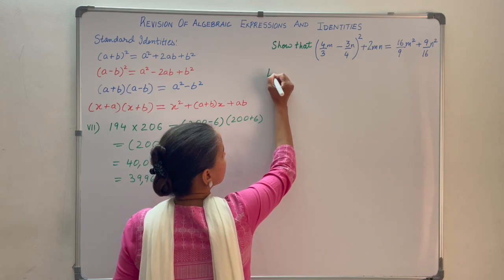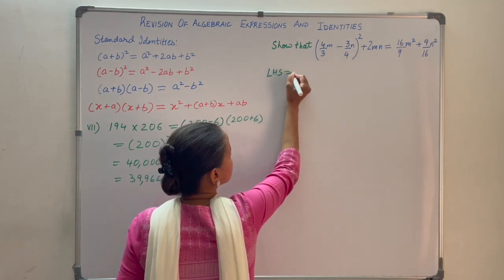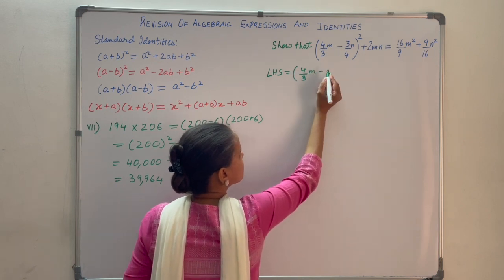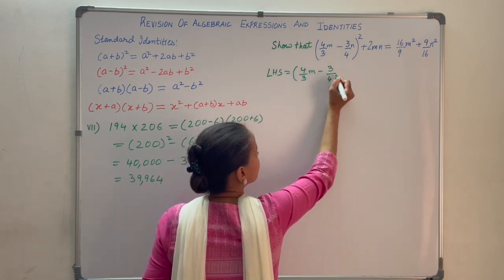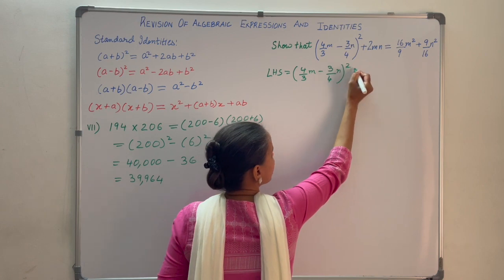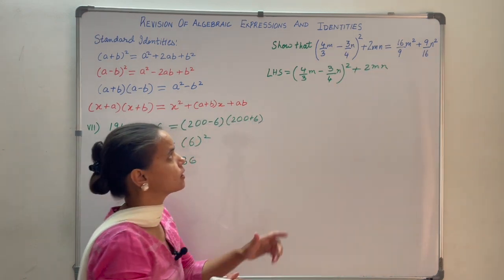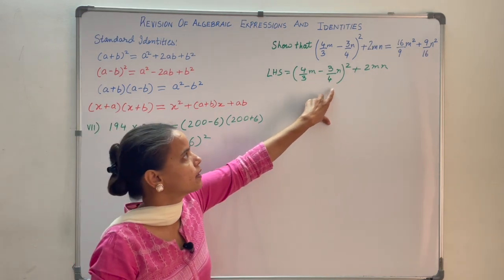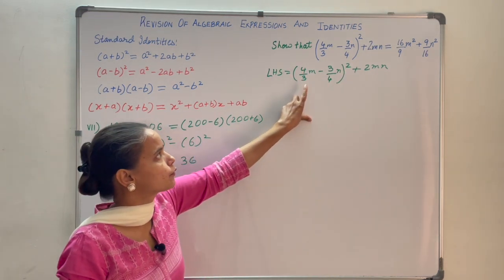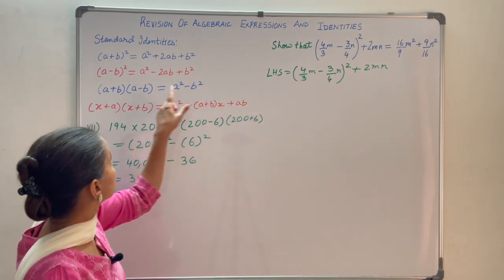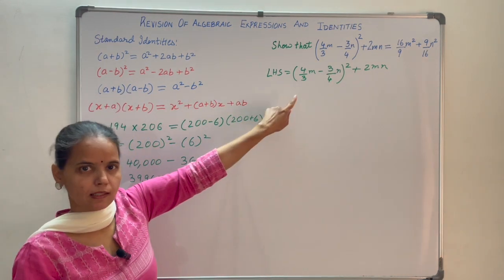The expression on the left hand side given to you is (4 by 3m minus 3 by 4n) whole square plus 2mn. So this is (a minus b) whole square, where a is 4 by 3m and b is 3 by 4n. So I am going to use this formula and simplify it.